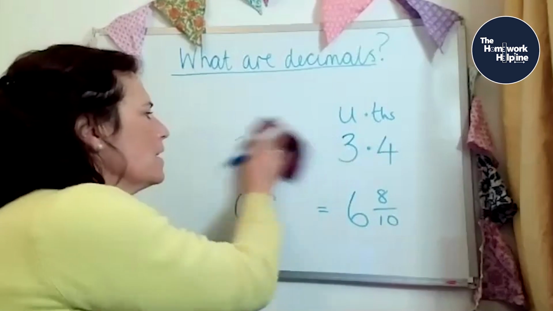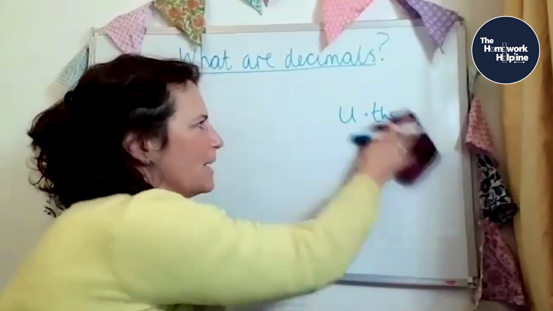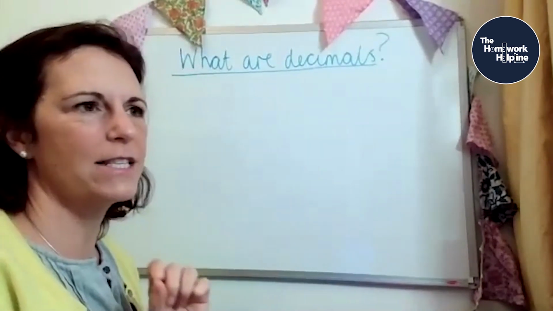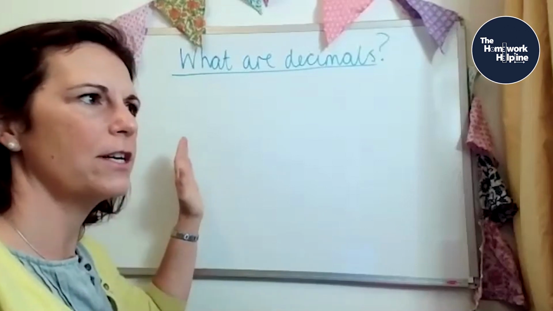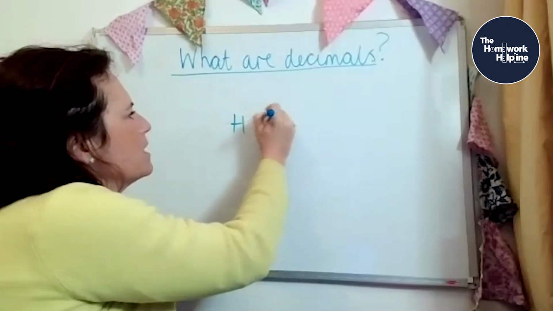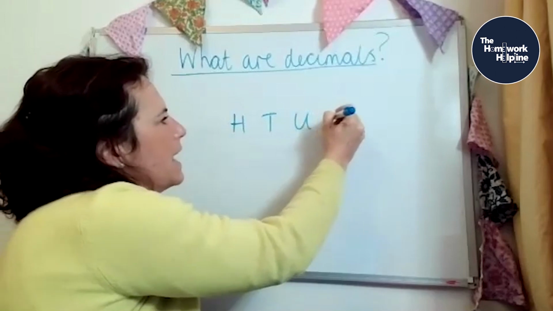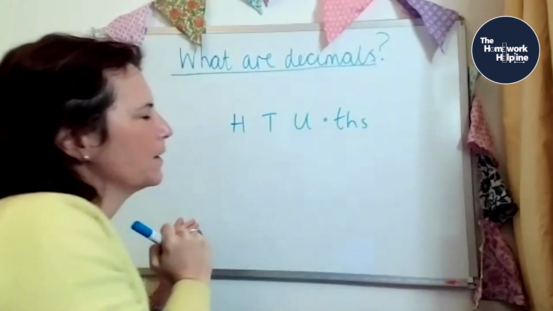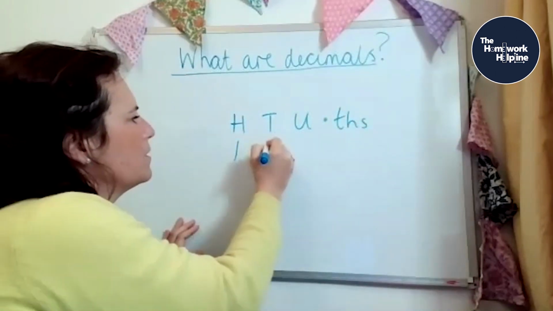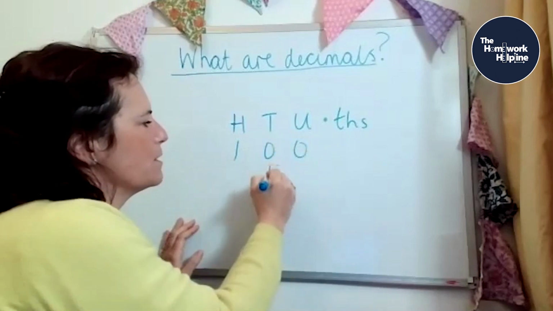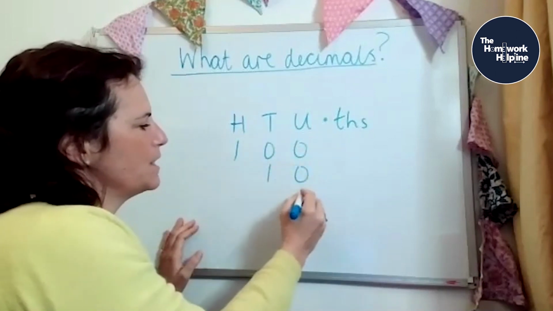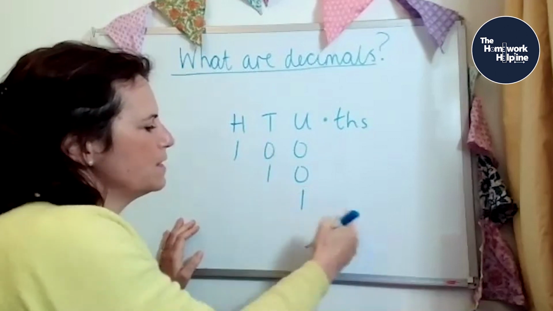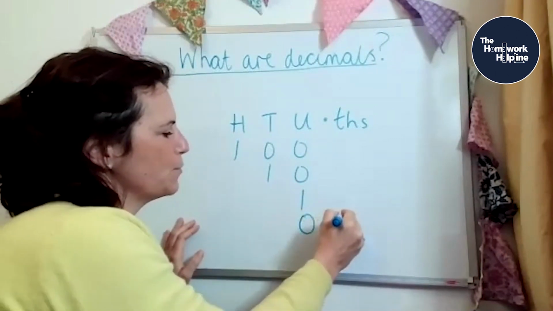So cast your memory back to the beginning of this little maths blast, where we had hundreds, tens and units, and now we have tenths, okay? We did 100 divided by 10 was 10. 10 divided by 10 is 1. 1 divided by 10 is 0.1.